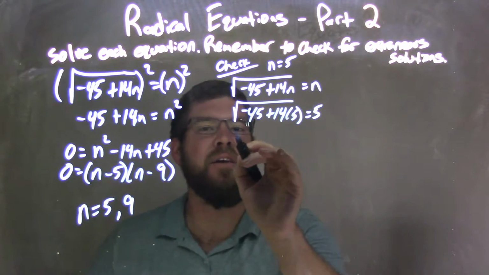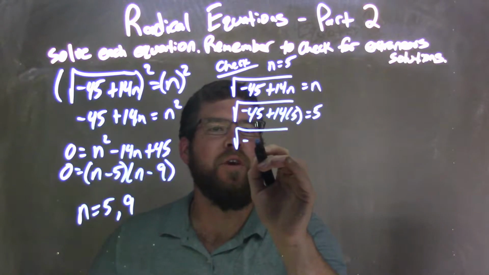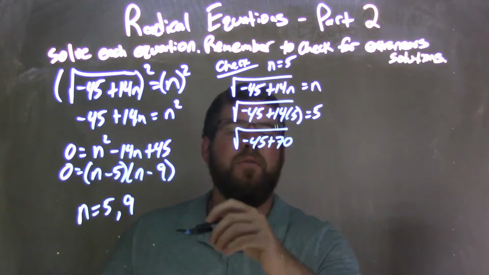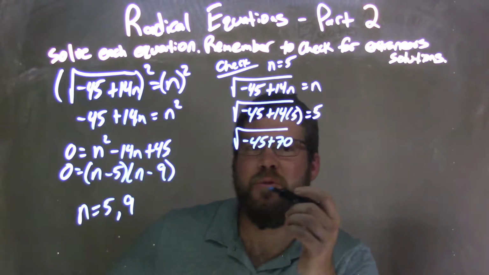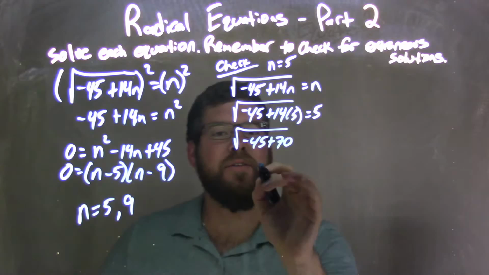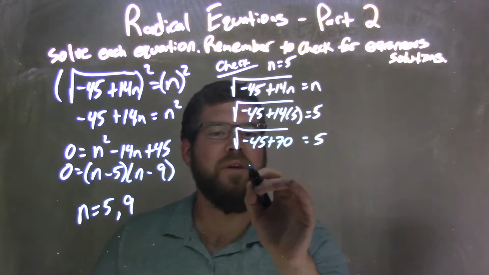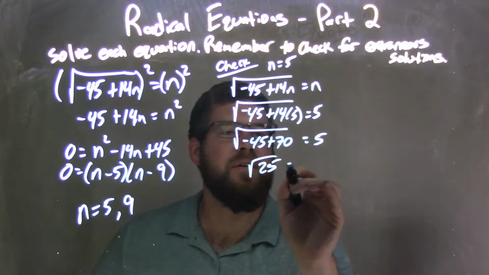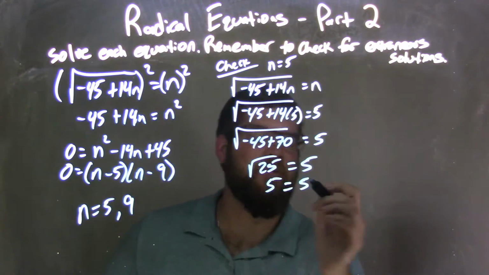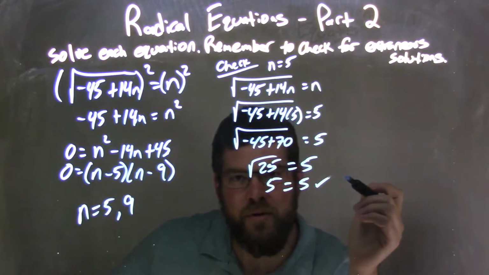So we're looking at 70 here. So we square root of negative 45 plus 70. Negative 45 plus 70 comes out to be, 70 minus 45, looking at 25. So we're looking at 25 here. And the square root of 25 is 5. My left and right hand side are equal.